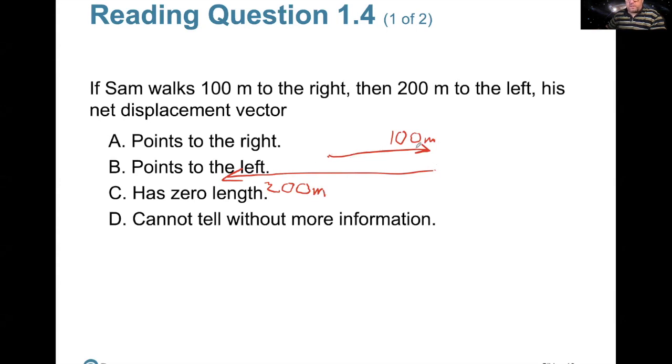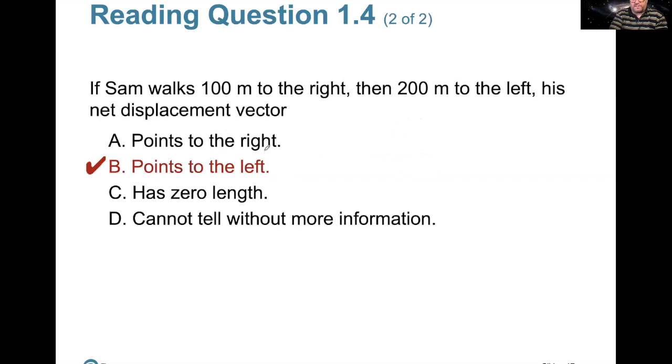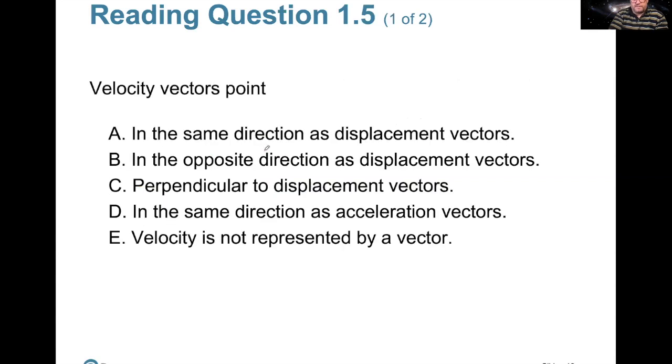And if you want to know how many feet that is, it's 300 feet roughly. And so it looks like his net displacement is 100 meters to the left. So the displacement is going to point to the left. Let's see what the survey says. Yes, it's pointing to the left. We've done it. Great.